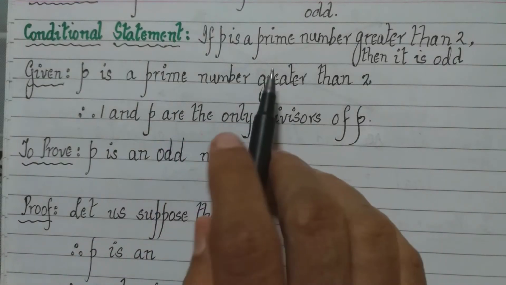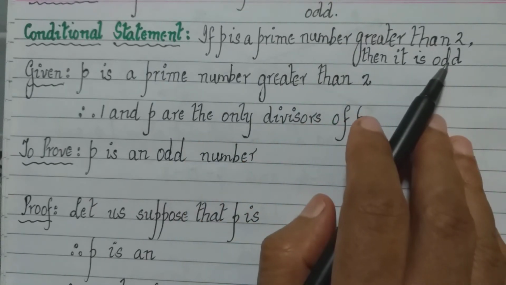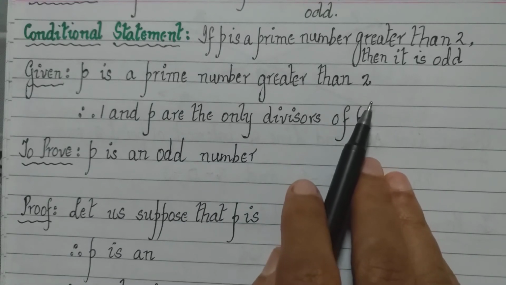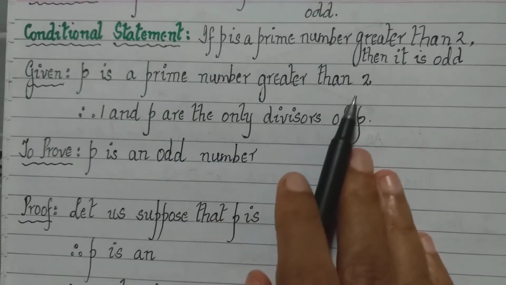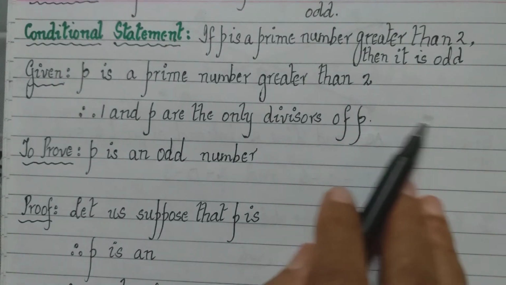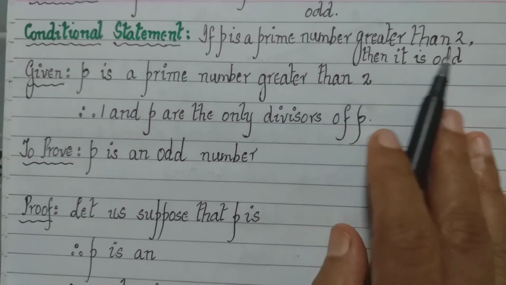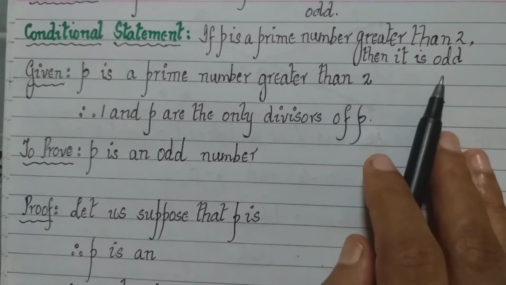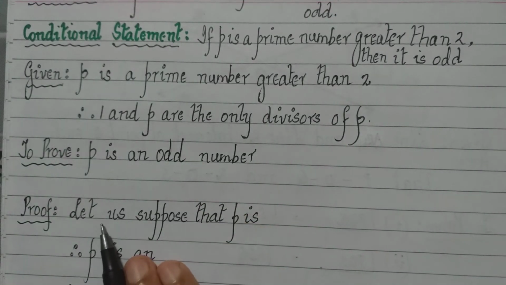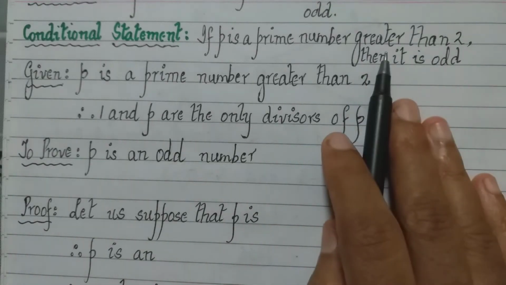Now, what had they given to us? That P is a prime number greater than 2, and they said then it is odd. Although they have said that if it is a prime number greater than 2 then it is odd, and we know that it has to be an odd number, what we do in an indirect proof is say the opposite of what we are supposed to prove.